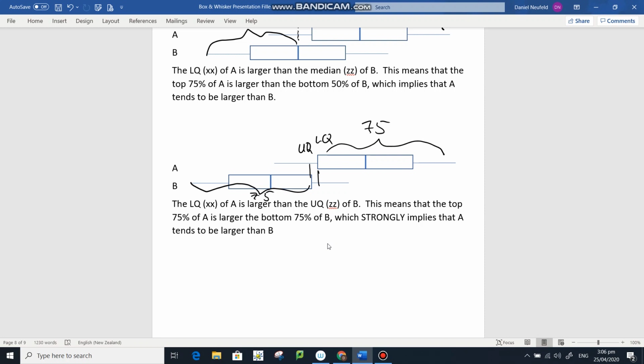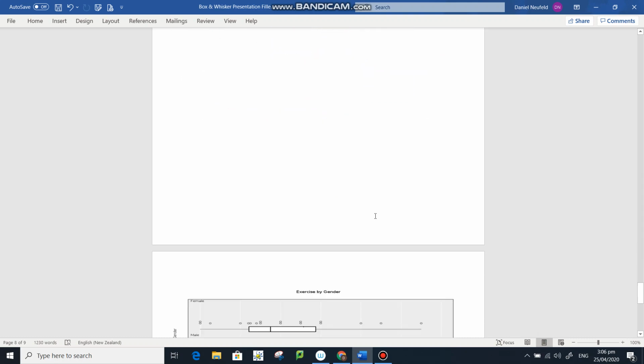So in that case, I compare the numbers, this LQ number and that UQ number, because this LQ is bigger. The top 75 is larger than the bottom 75. And again, I've added strongly implies. Even then, I'm still not saying that it is larger. It just strongly implies it tends to be larger. This is a really strong indication.